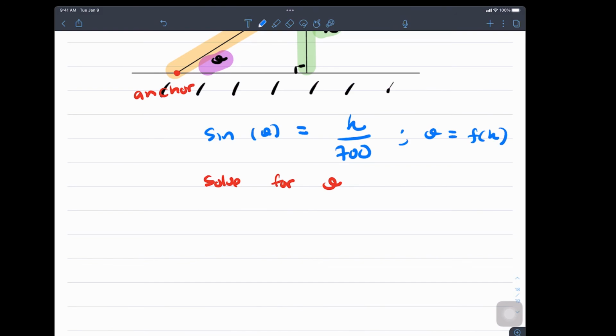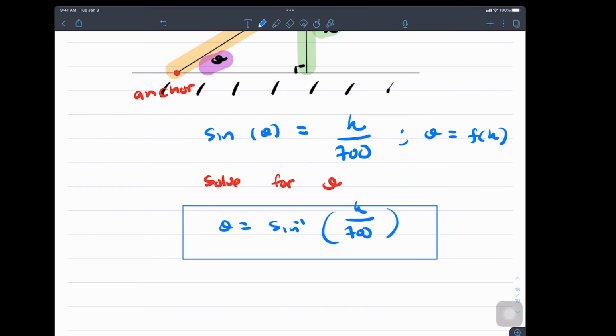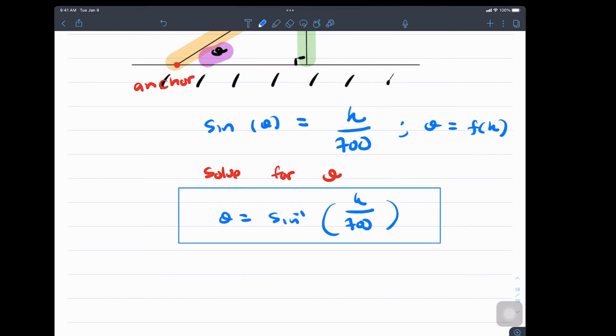So you say, oh, I know what I can do. This is by definition what? The inverse sine of what? h over 700 here. Okay? So now you're free, and you say, what good is this, right?